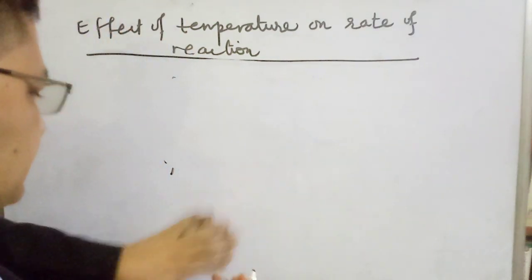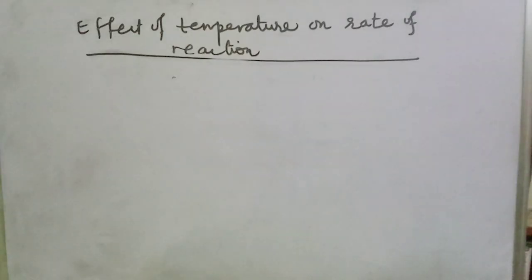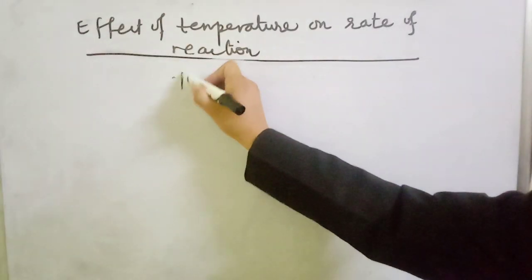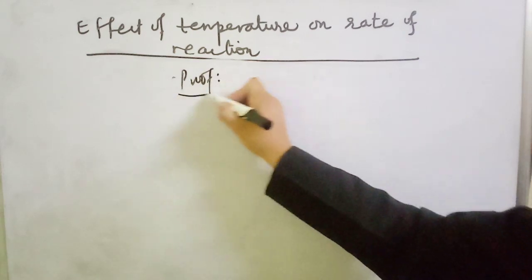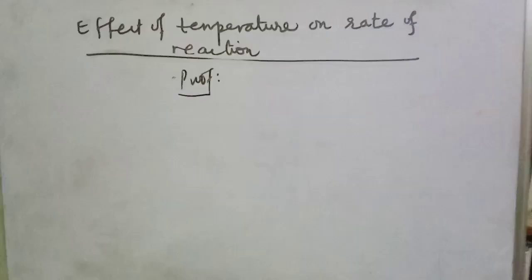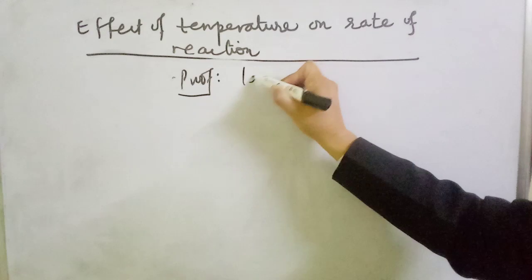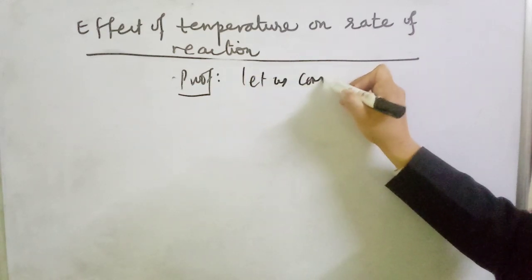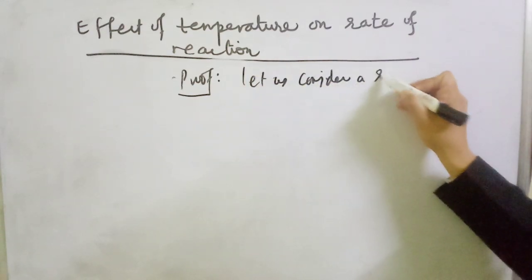To prove the Arrhenius equation, first of all, we have to consider a reaction. Let us go to the proof, and for the proof, let us consider a reversible reaction.